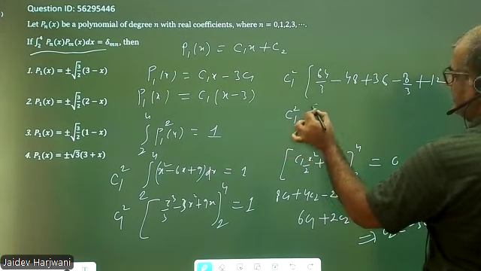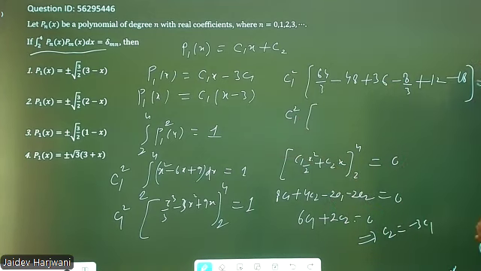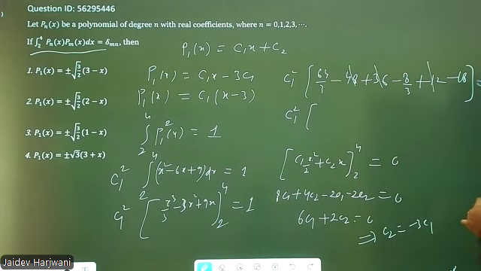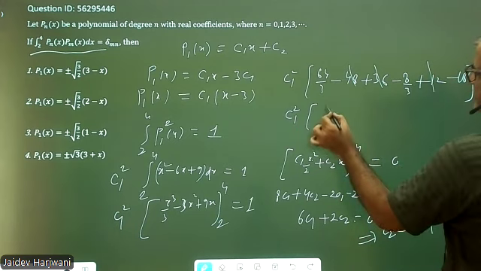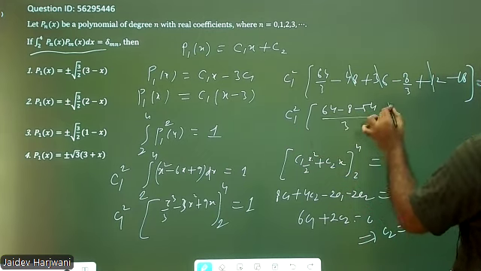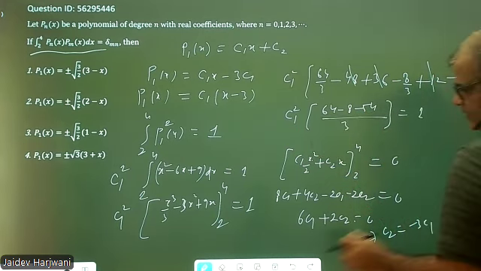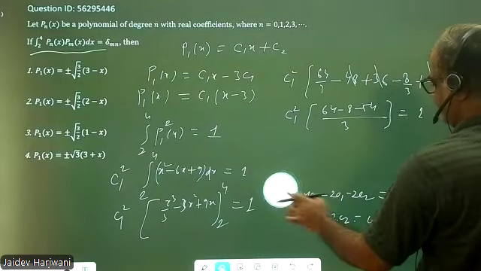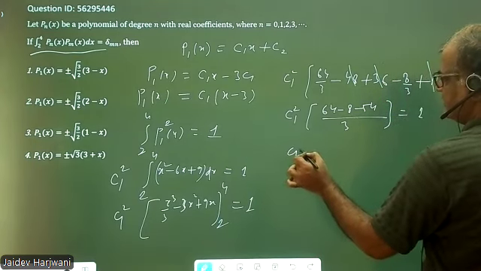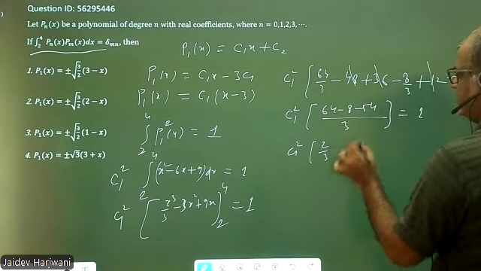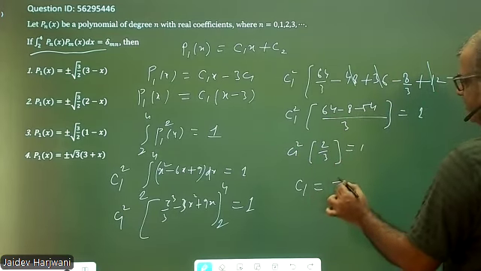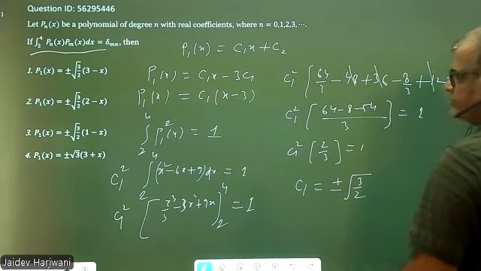So minus 48, plus 36, plus 12, these cancel out. Okay. And now we have 64 minus 8 over 3, minus 6, equals 1. And this gives me 2 by 3 times C1 squared equals 1. So C1 becomes plus or minus root 3 by 2.